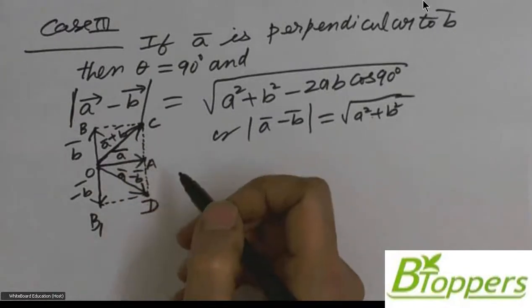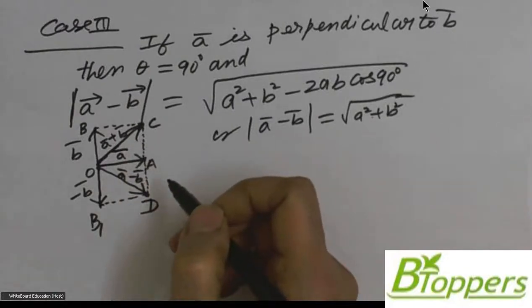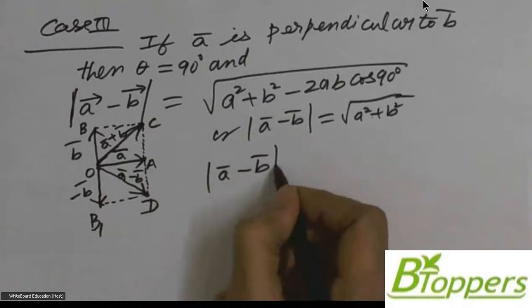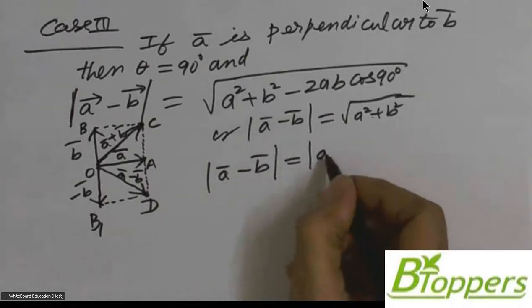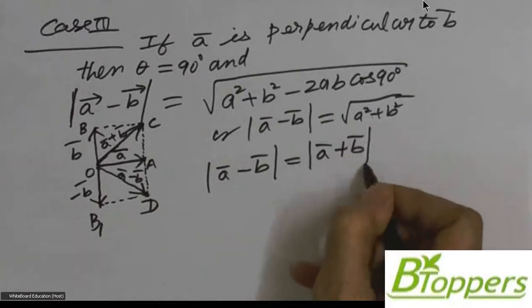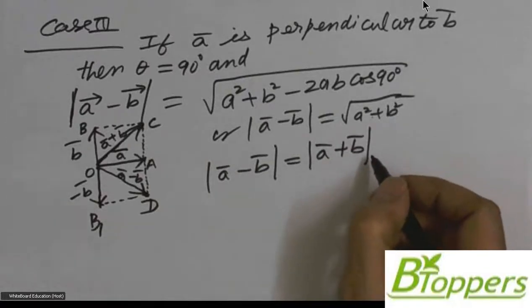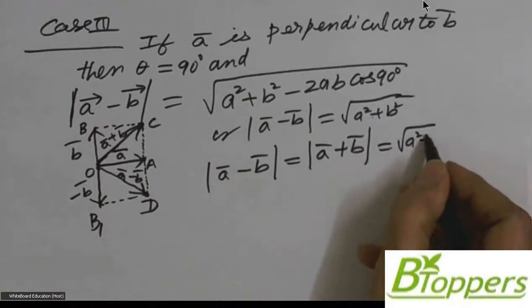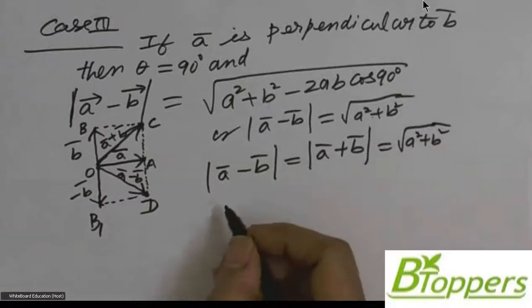Because in general, two vectors are said to be equal if and only if they have same direction and same magnitude. In this case, we can say that the modulus of vector difference a bar minus b bar is same as the modulus of vector sum a bar plus b bar when a bar is perpendicular to b bar, and each equals root of a square plus b square.